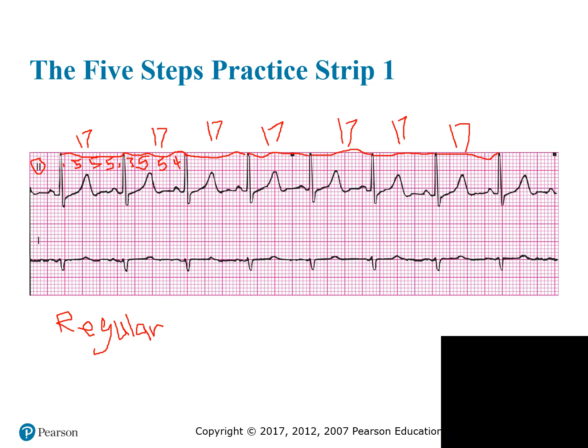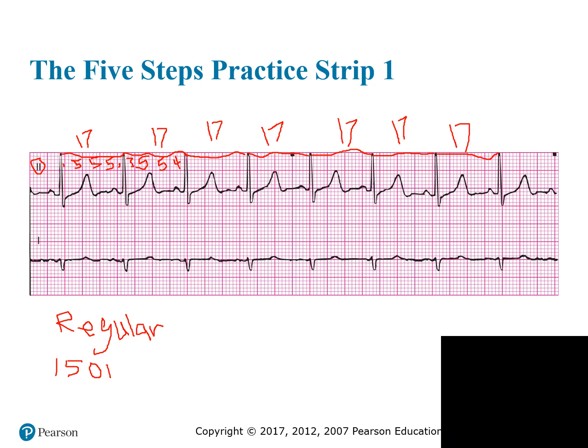Now we have to calculate our heart rate. So we know since we have a regular rate, we're going to use the little block method or the 1500 block method. They both mean the same.